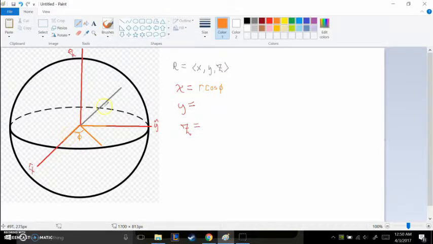So it's saying, I want this percent of R as my X projection, and I want this percentage of R as my Y projection once I project this into the XY plane. R sine, because now we're using the opposite angle. And we're not going to pick up anything from Z here.